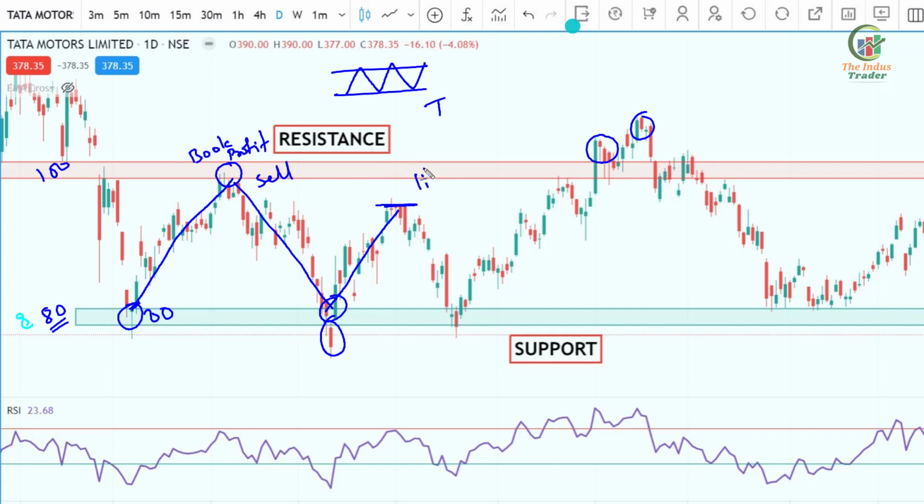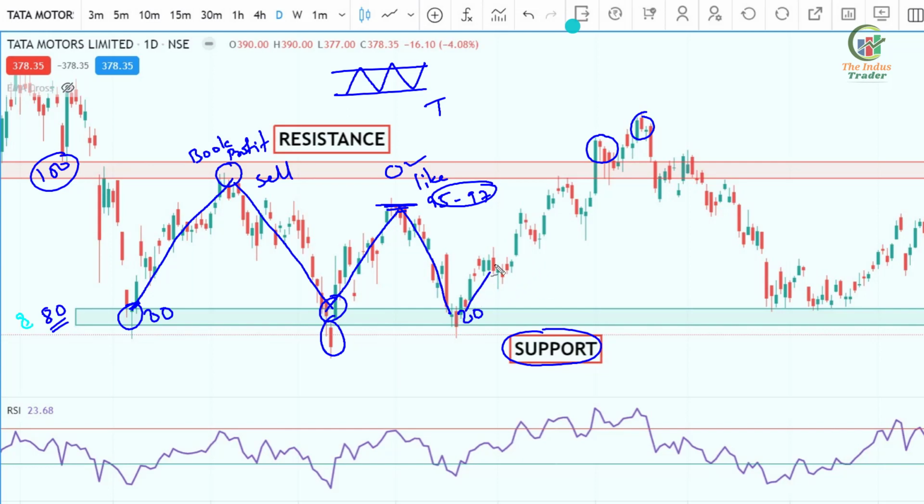There are like-minded people also in the stock market. People think 100 rupees is the resistance, and when it reaches 100 everyone will book profit. So why don't we book somewhere near 95 or 97? So they will start booking their profit here. And again, it came back to our demand zone, that is 80, or let's say this is a support.